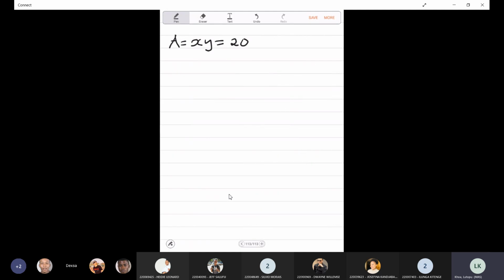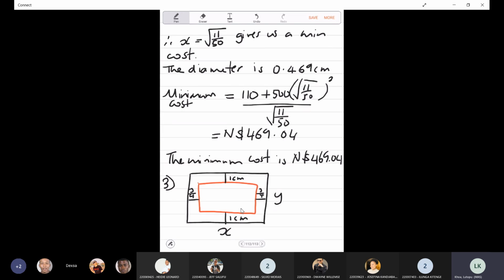And the equation of the area between the margins, it's also a rectangle, as you can see. So instead of x times y, you would say x minus 3 over 4, and then minus 3 over 4 again.